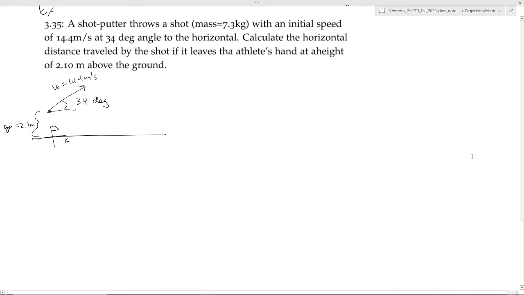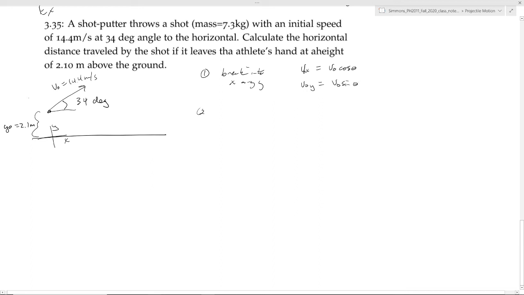So let's give our strategy a shot here. So first, let's break into x and y. So, of course, the velocity in the x direction would be v naught cosine theta, and our velocity in the y direction would be v naught sine theta.